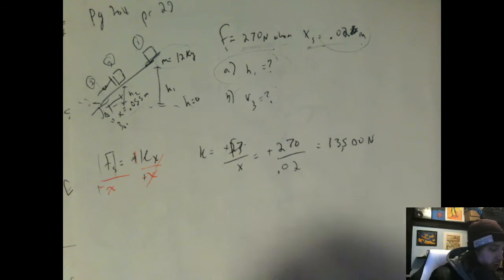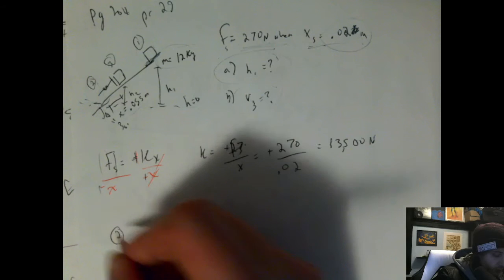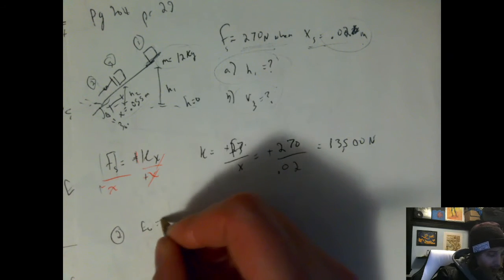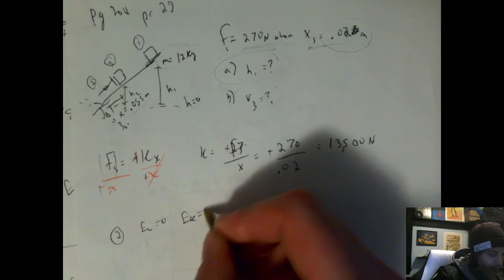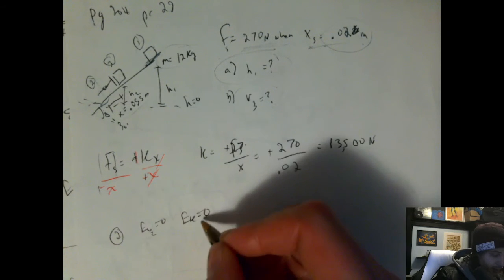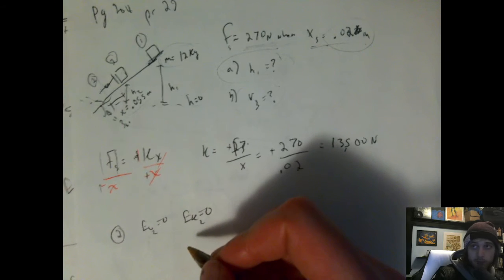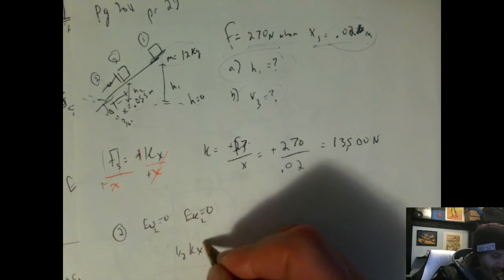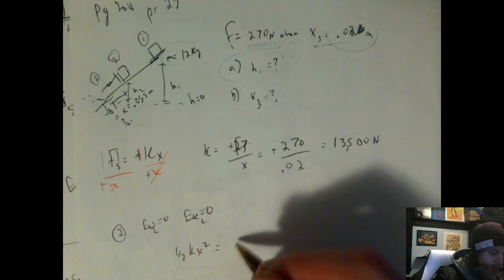So at location 2, I said the height there was 0, so the gravitational potential energy is 0, and it's not moving, so the kinetic energy is 0. And so 1/2 kx squared, the energy stored up in that spring, is going to be equal to the energies it has at the top.